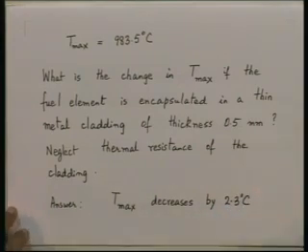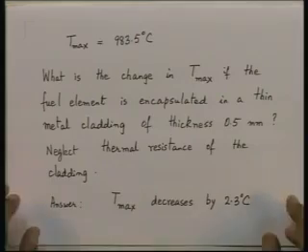So, we have done the calculation for a fuel rod alone. Now, suppose the fuel rod is surrounded by an encapsulation, which is a metal cladding 0.5 millimeter thick. Neglect the thermal resistance of the metal cladding, how much would T max change? And the answer is T max should decrease by 2.3 degrees centigrade. I want you to do this on your own.